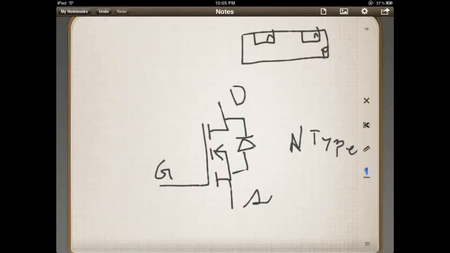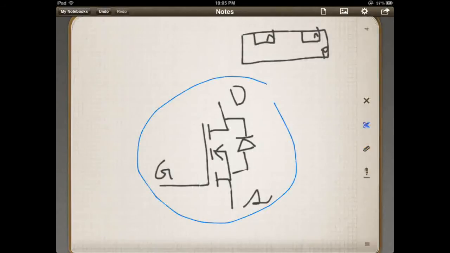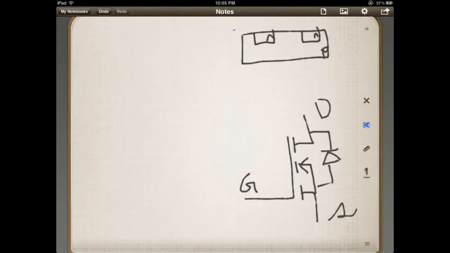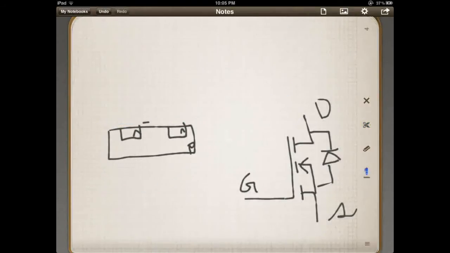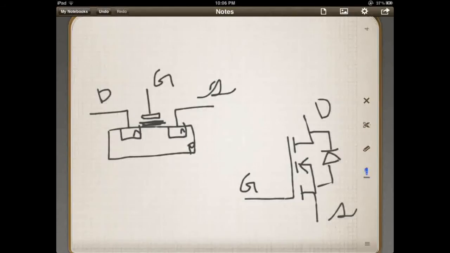Then we're going to move some stuff around here so I can show you. Essentially, what they do is lay down silicon dioxide, and then they place another plate here, and this is the gate. This is essentially your drain and your source, cursive S.